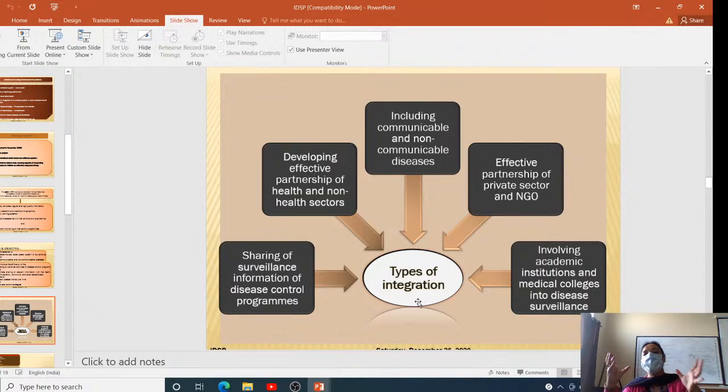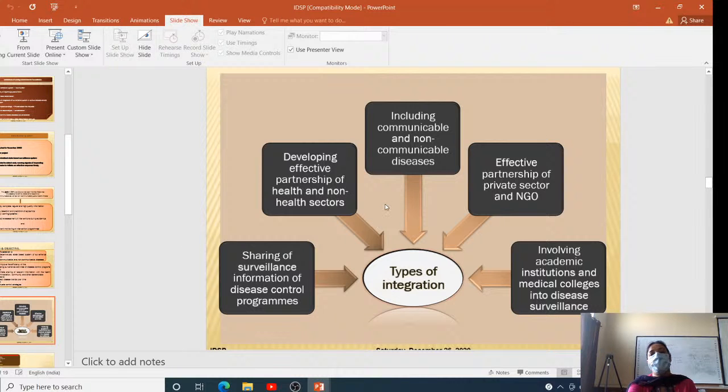So you see, wherever there is data related to any communicable or non-communicable disease, it could be the government sector, the public sector, NGOs, the private sector, or academic institutions. Everywhere they have tried to develop a partnership, even with the non-health sectors.